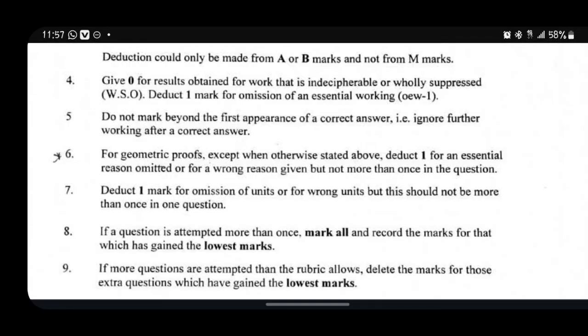And that's why we advise students that while working, make sure all your important steps are shown. Don't jump some major steps because you are rushing or you are trying to meet up with time. Make sure all the major workings or essential steps are shown while solving your question.